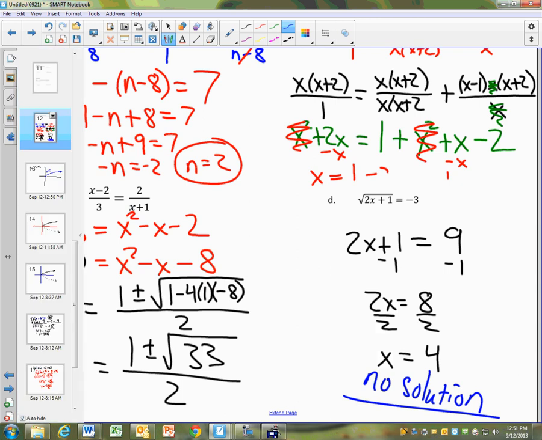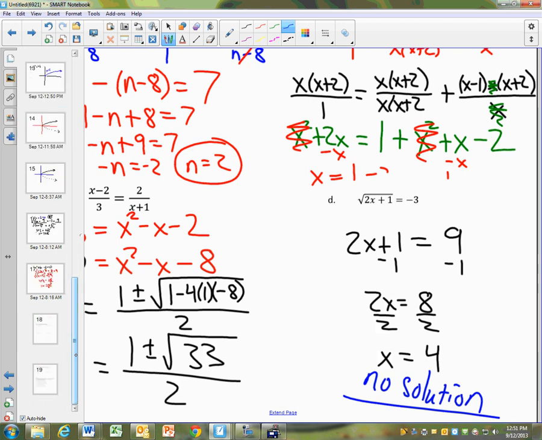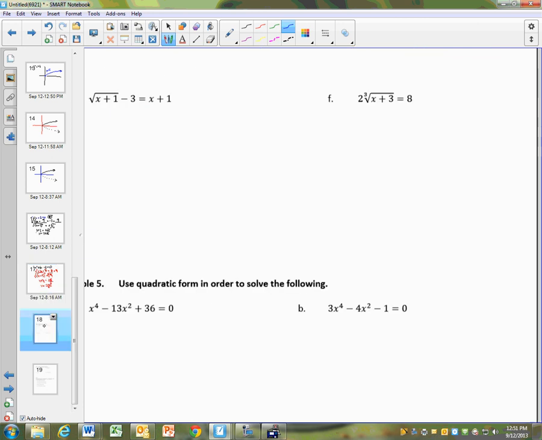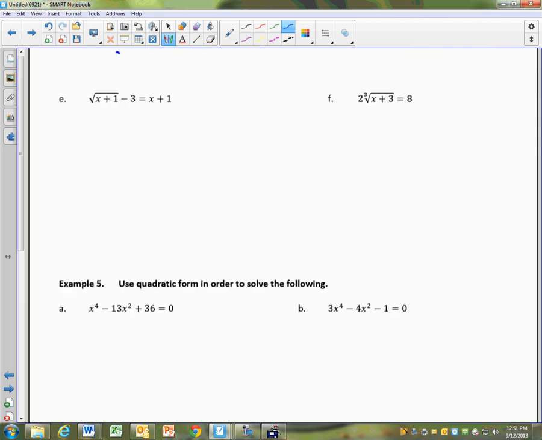On the test, if you came up with 4, I'd give you 2 out of 3, maybe 2.5 out of 3, depending on if I'm in a good mood or not. Unless there's a negative sign in front of the square root and you could divide it off. Could you have a cube root equal to a negative? Yes.